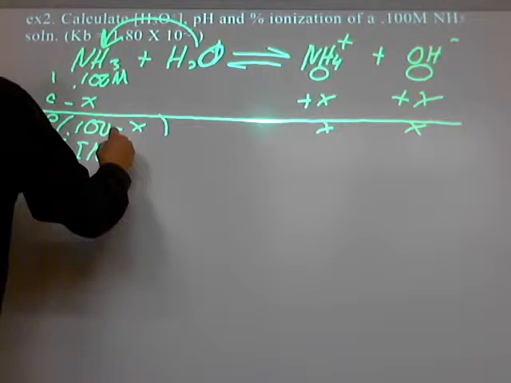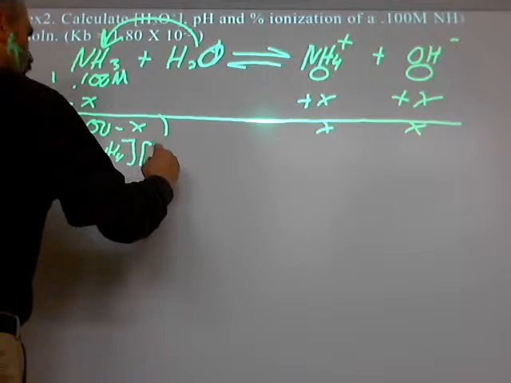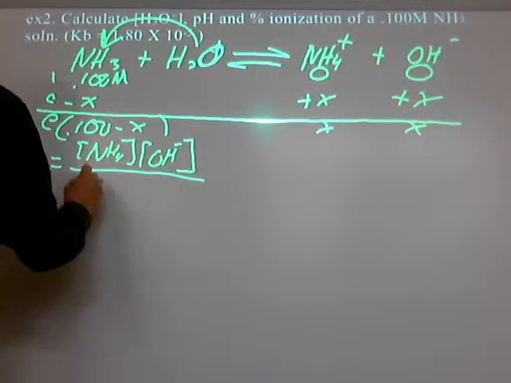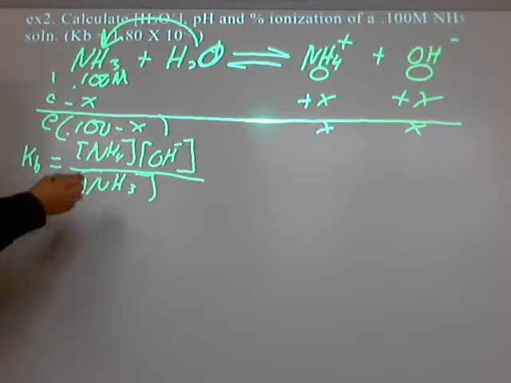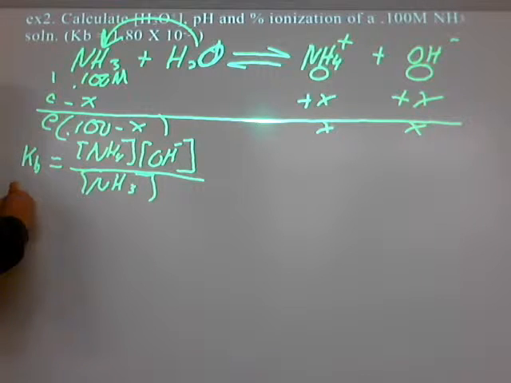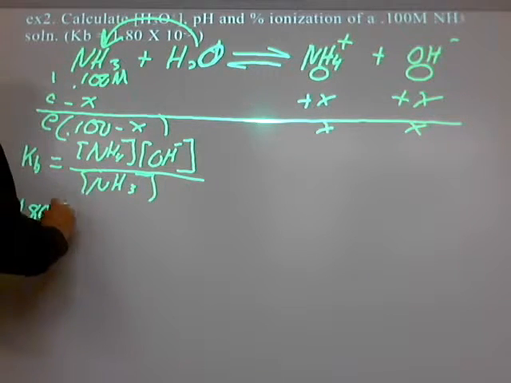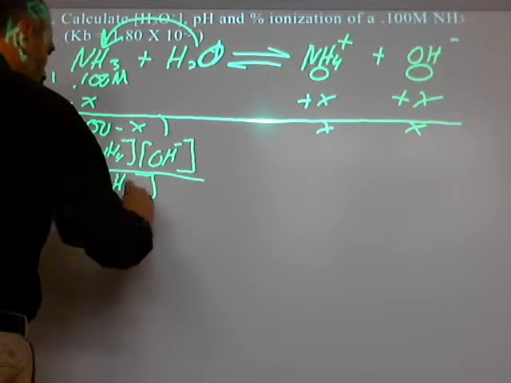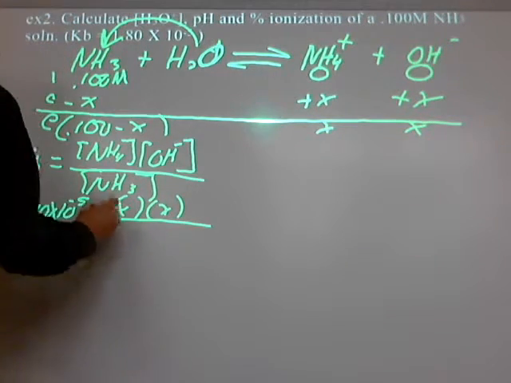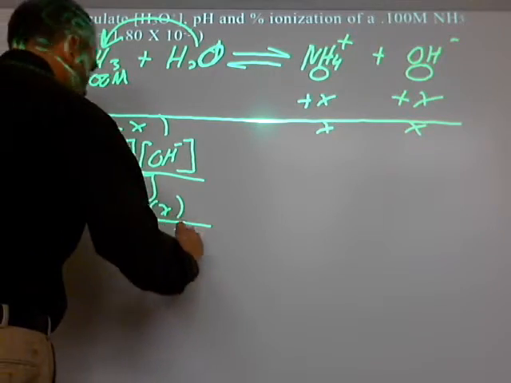So NH4 times OH over NH3. And I don't worry about water. I know Kb is 1.8 times 10 to the negative fifth. And that's going to equal X times X over 0.100 minus X.